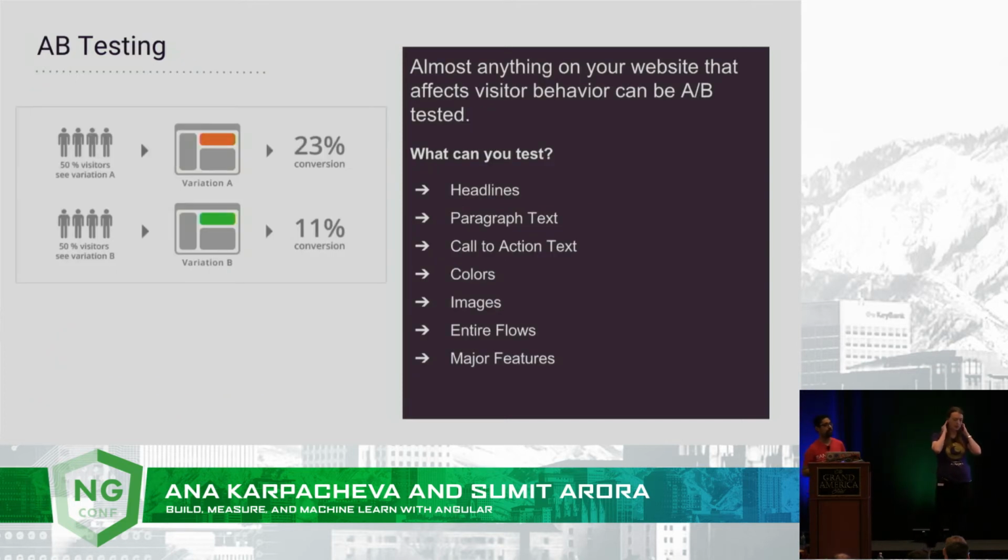So let's say we are running the experiment and we want to present our visitors, let's say we have a room, so 50% are going to be presented with banner A, which is the orange color or red here, and the other 50% are going to be presented with banner B, the green color. Then when we run the experiment over time, we're going to see the results, so we're going to do the measuring part and we're going to learn, right?